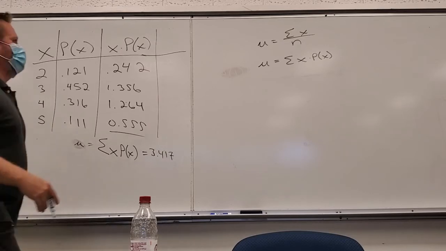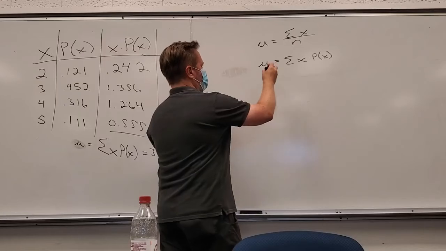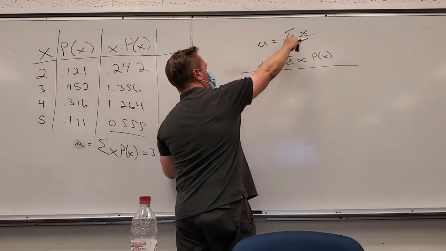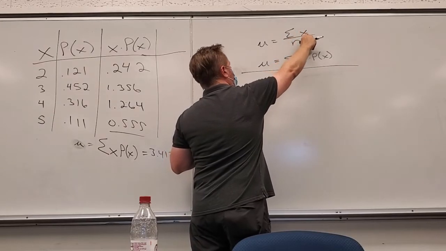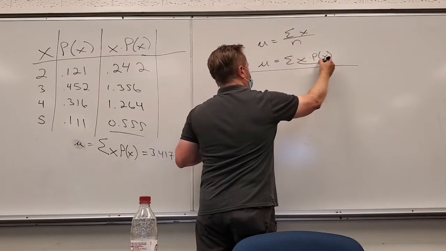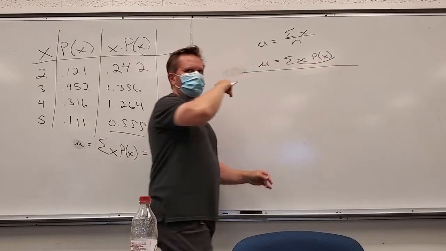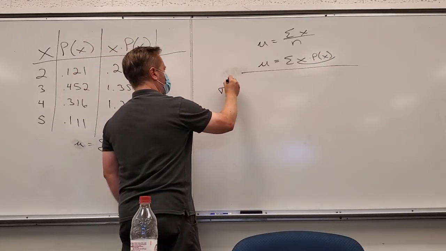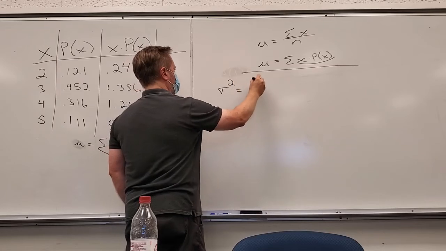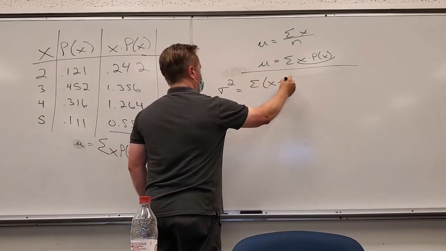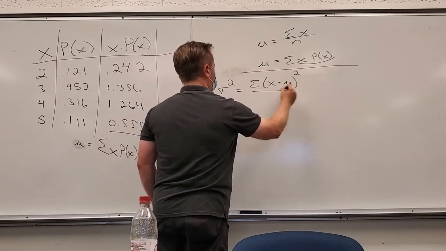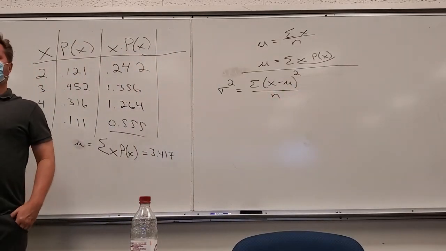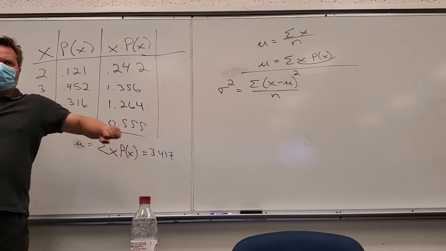Okay, so now the main idea here was I don't just add the values. I add the values times their weight. Now, how did we do standard deviation? Well, let's do variance actually, a little easier to talk about. Variance was this bad boy. Does this look familiar at all to anybody? Right, this is section 2.7.